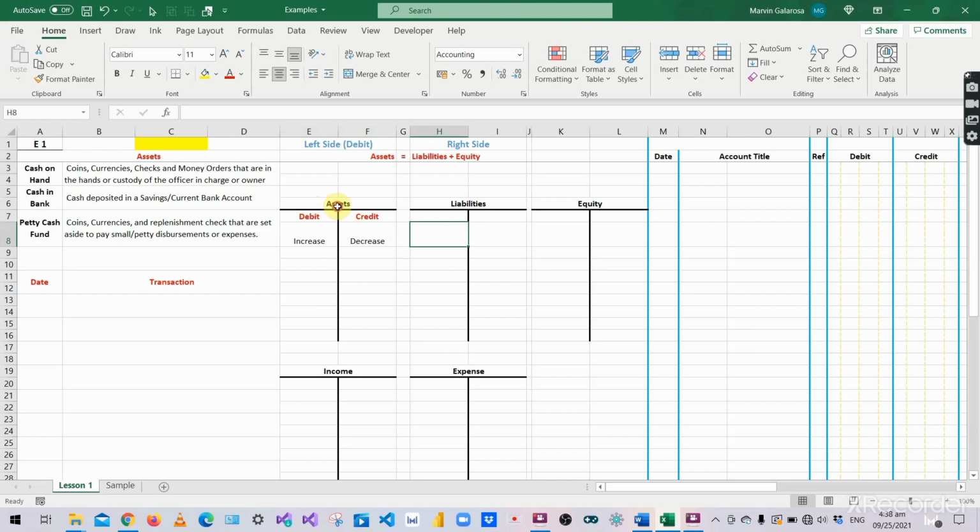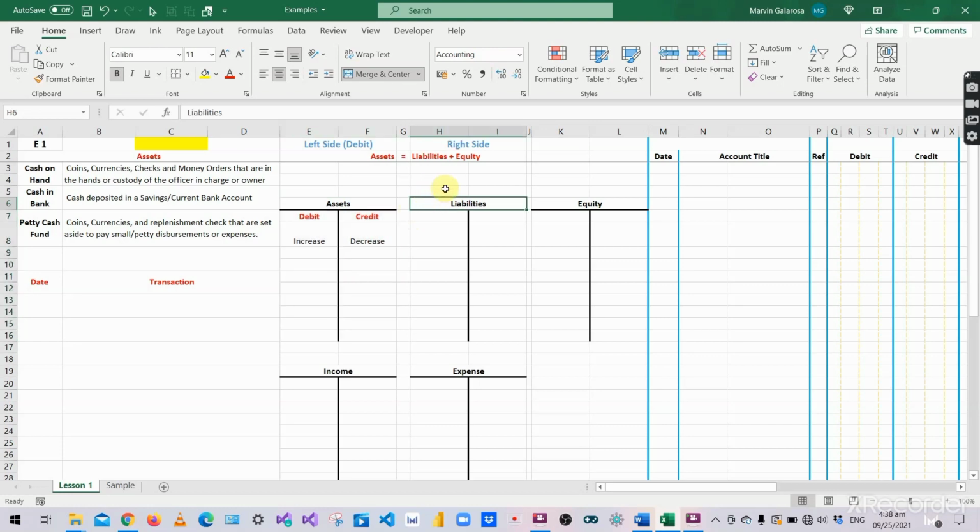This account na ginagamit natin na letter T, ang tawag dito ay T-account. Isa siyang simple tool na ginagamit ng isang accountant para i-analyze yung increase or decrease ng particular na account.